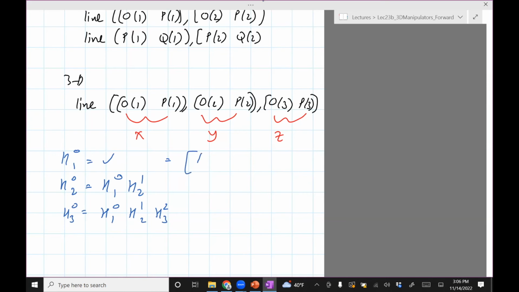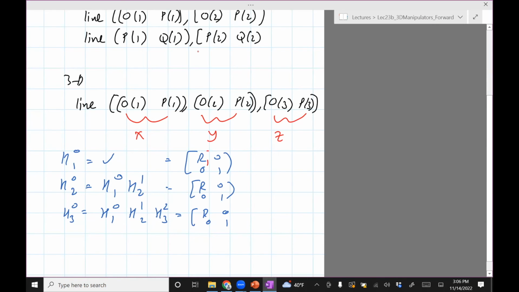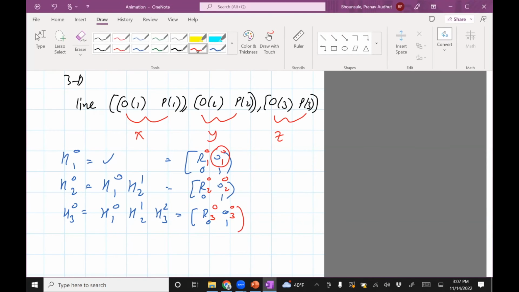So this gives you R01. These R's would be different. It'll be R10, R10, R21, R21, R32, sorry, R20. Everything is going to be in the base frame. So 3, 0, 3, 0. So this is what you're after.